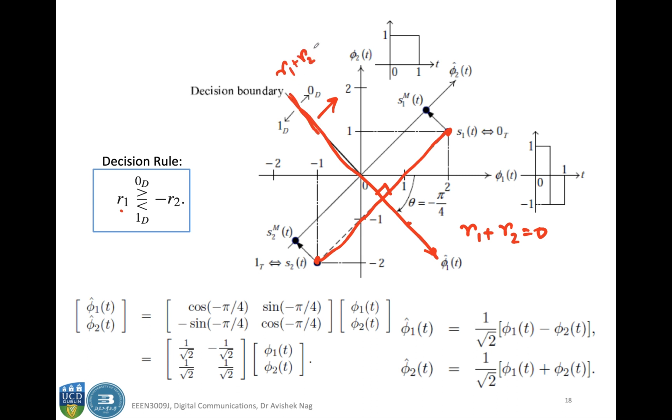So this is the region where R1 plus R2 is greater than or equal to 0. Okay, so this is for the 0 decision, and this is the region for which your R1 plus R2 is less than 0. So this is the region for the 1 decision. So if R1 is less than minus R2, then you decide 1.